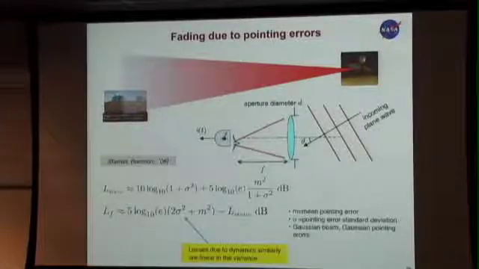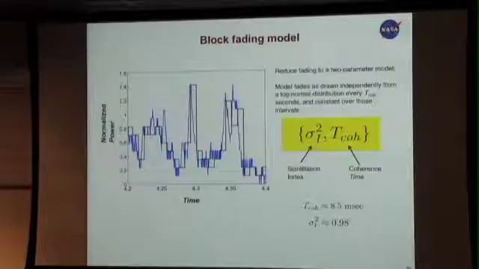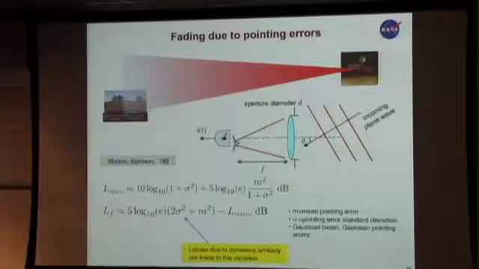You get a very similar model from pointing errors. A pointing model introduces fades that last for a certain period of time. I'm not going to get into the exact statistics, I don't know what the pointing statistics are versus the atmospheric statistics. But at the high level, once you have a block fading model, these are very similar.